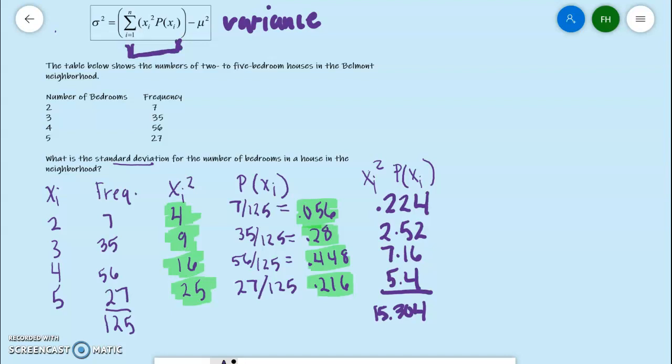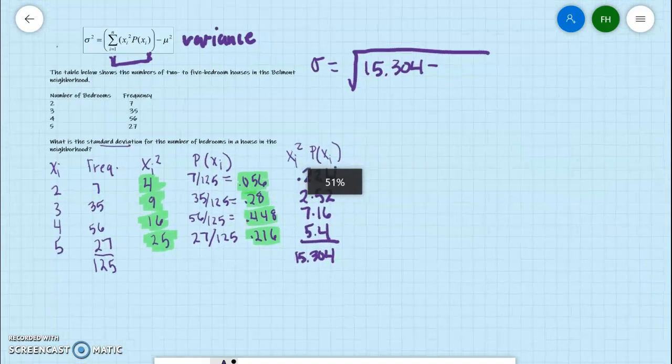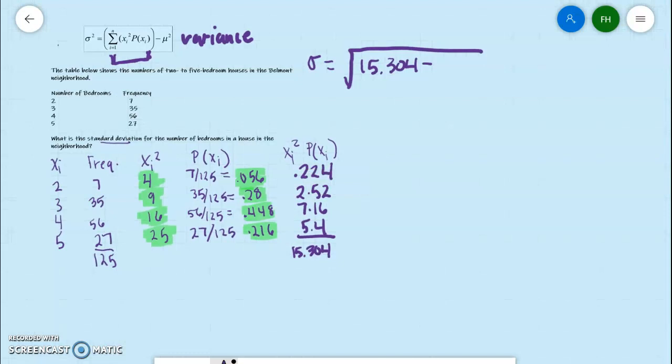So we already know that the standard deviation equals the square root. Remember, we have to take the square root of this. And the first part of this problem we just did. Now the second part is just the mean squared. And in the first video, I actually showed you how to do the mean.